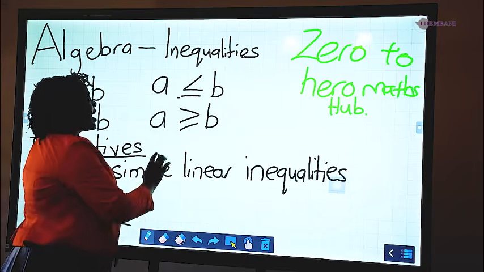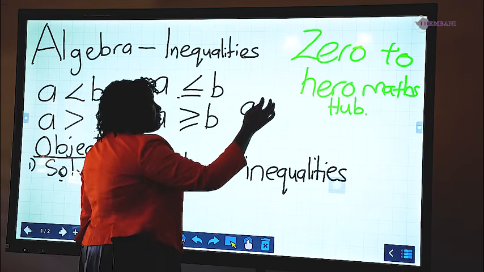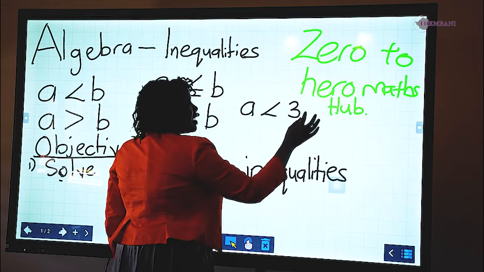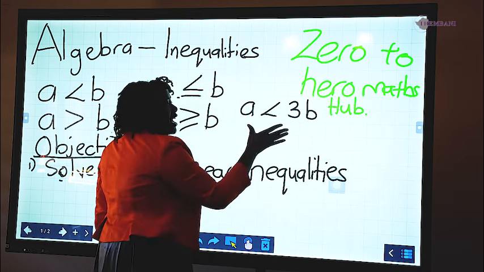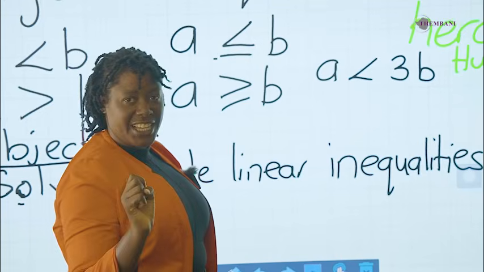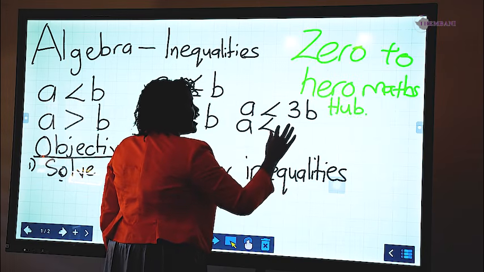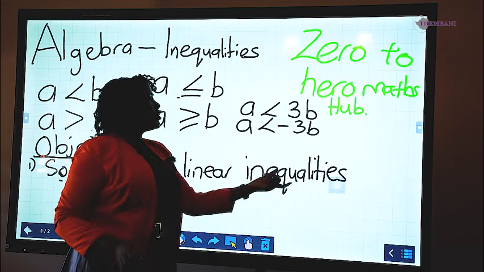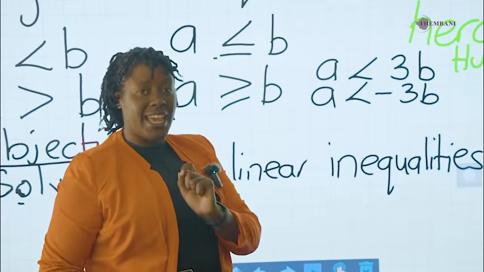So, if we had this inequality, we are saying we have A less than 3B. In this case, our inequality sign doesn't change. But if we are saying we have A less than negative 3B and we want to divide by negative 3, it means our inequality sign has to change.